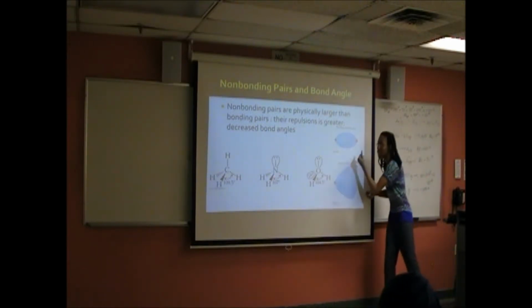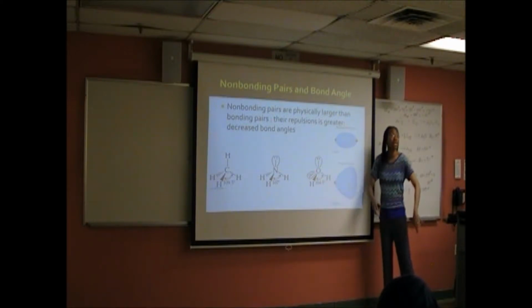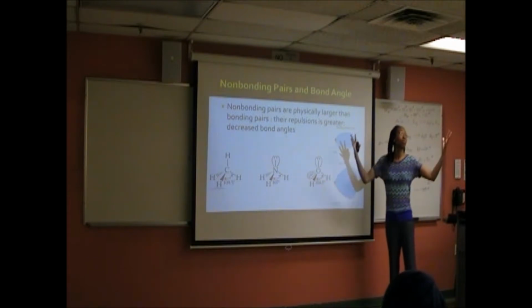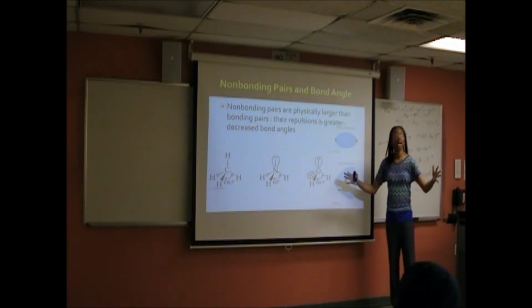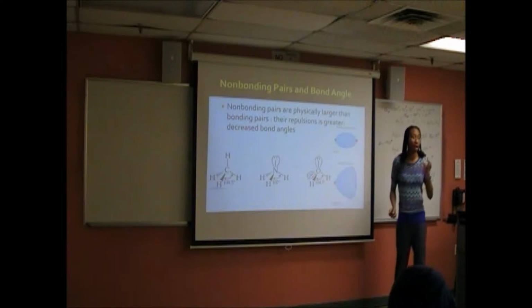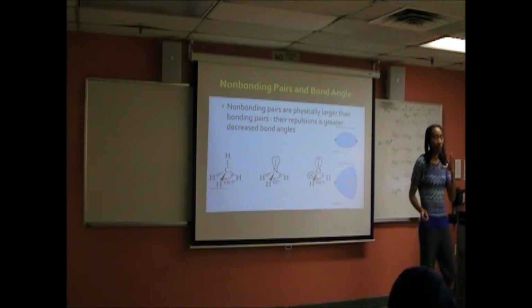If you remove 2 atoms and make both of them lone pairs, the lone pair is going to spread out even more, and the angle is going to shrink even more to 104.5. Do we get how the lone pair affects the bond angles?